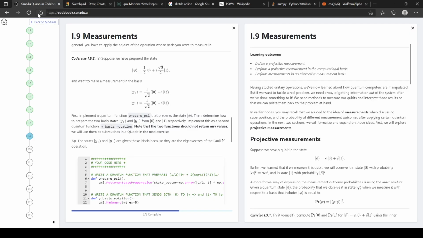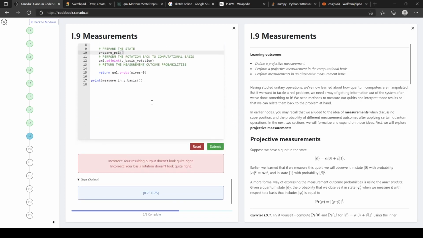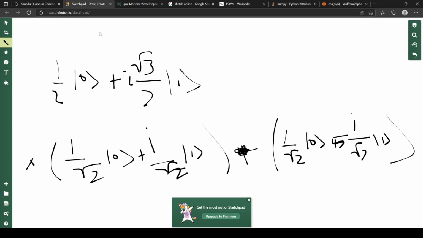I just do not understand. Let's suppose we had 50-50, right? Or 25. So we had 1/2 over here, and 75 is 3/4 over here. But we have to square root them.